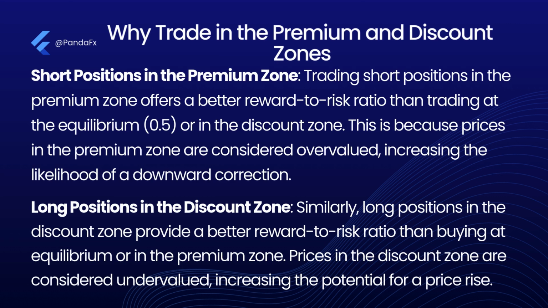So your RR is going to fall when taking short positions in the discount zone. That's why the premium zone is better for taking short positions. And it's even extendable to the lower time frame. When we get to the next part of these lectures, we are going to be carrying out the practical aspect of it where you're going to see how it is.